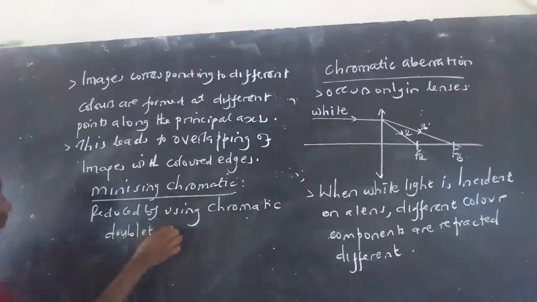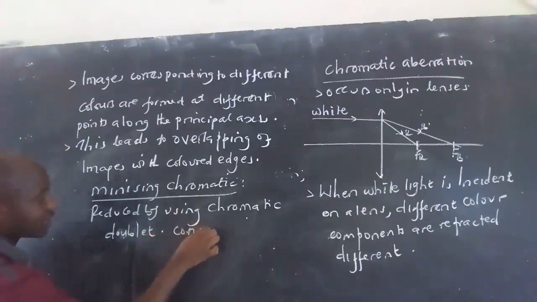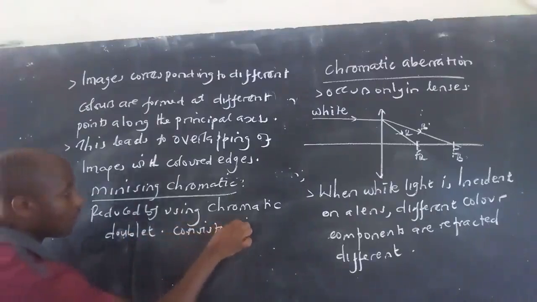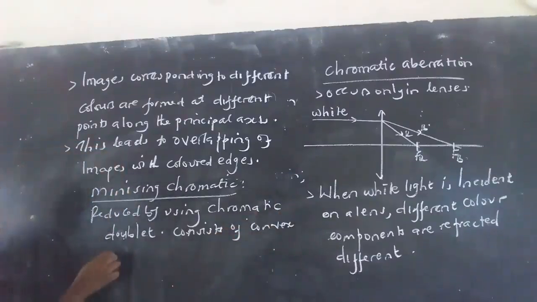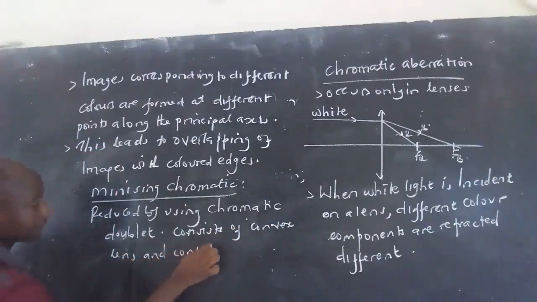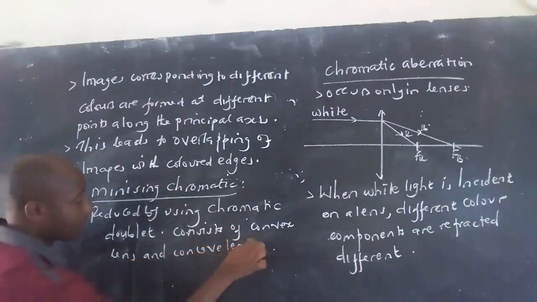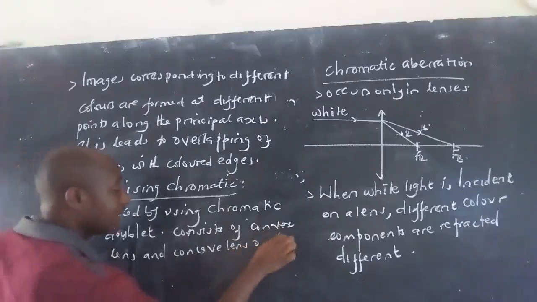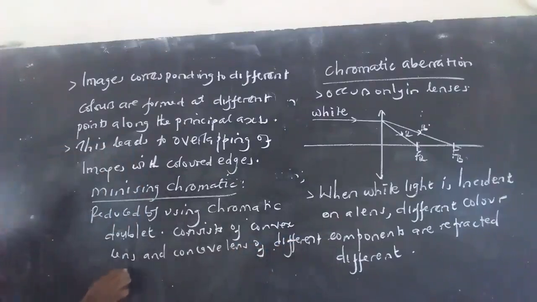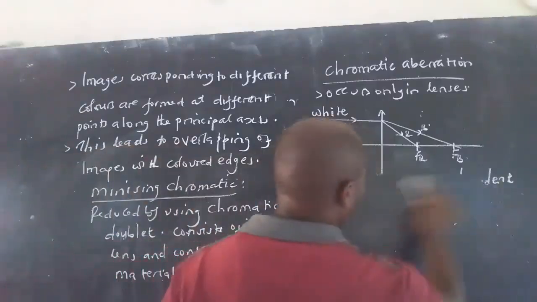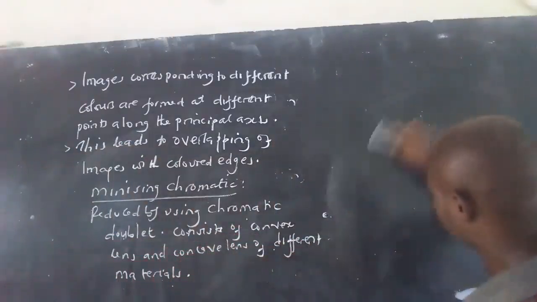It consists of a convex lens and a concave lens of different materials. Of different what? Different materials.